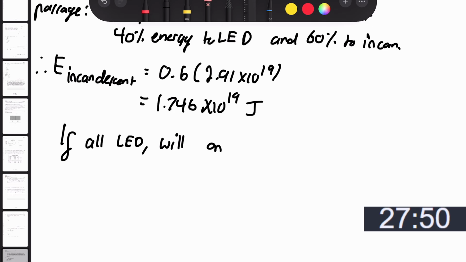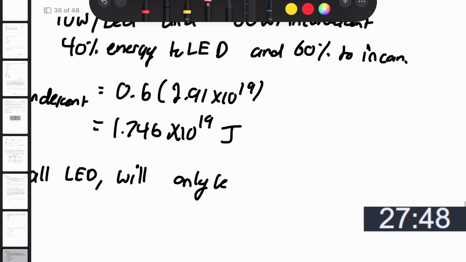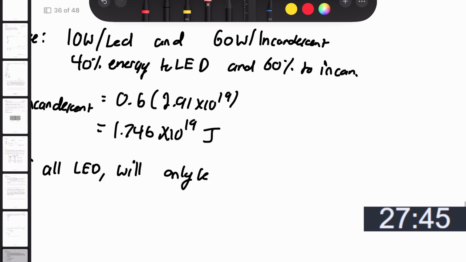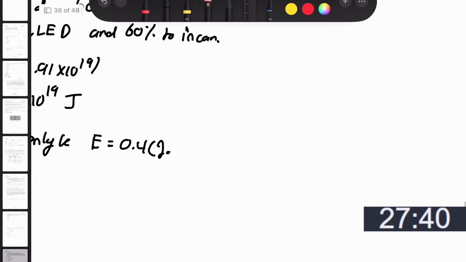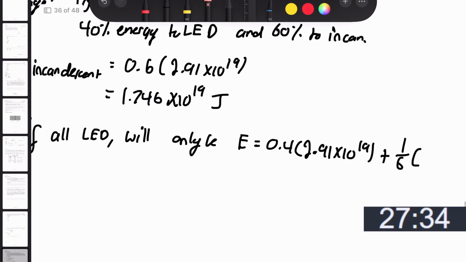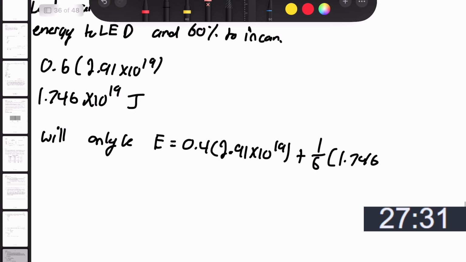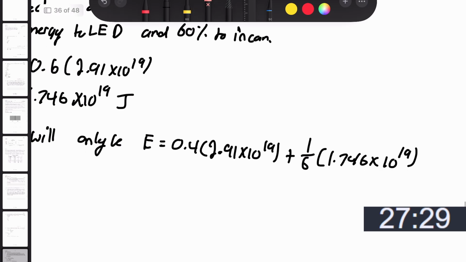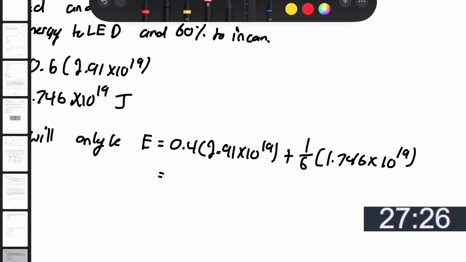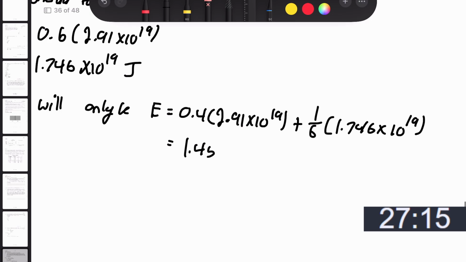I'm going to have 0.4 of the total, so 2.91 times 10 to the 19 joules, plus 1/6 of the incandescent. So it will be 1.451 times 10 to the 19 joules.